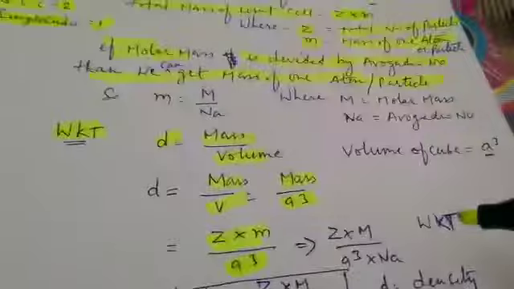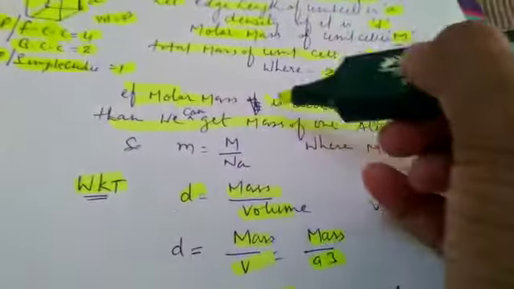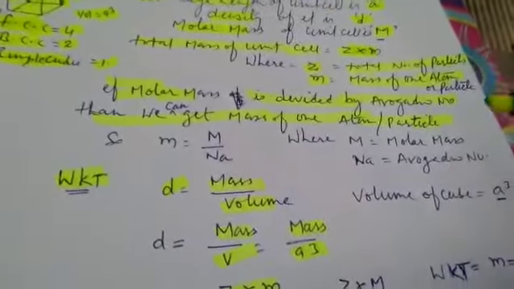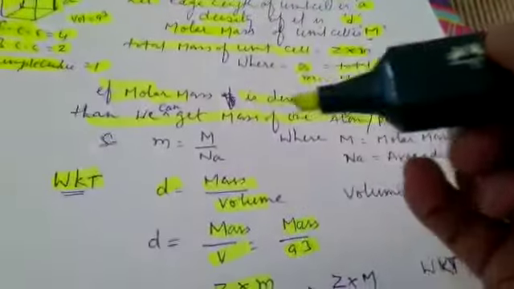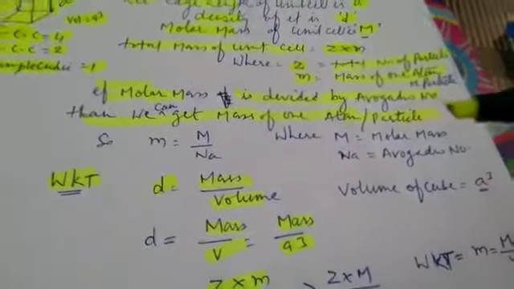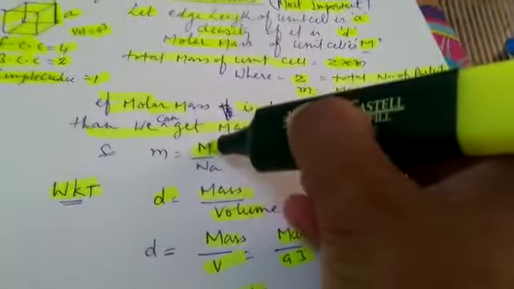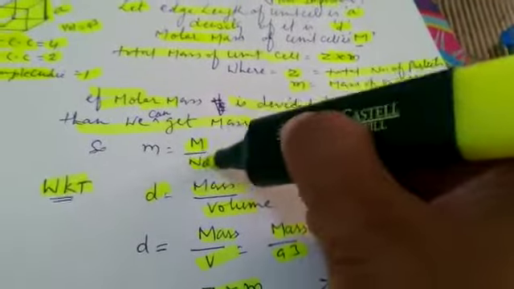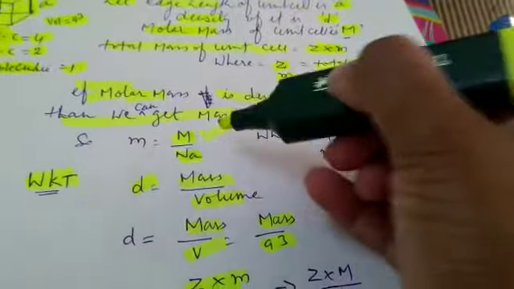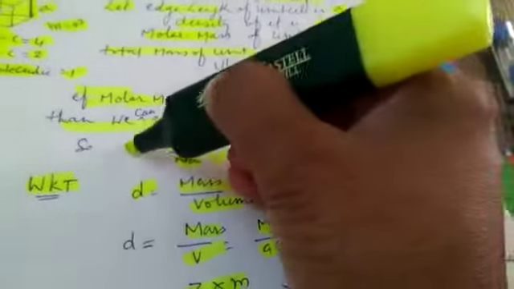Now we have studied that if molar mass is divided by Avogadro number, then we get the mass of 1 atom or 1 particle. So if molar mass is M and Na is Avogadro number, dividing molar mass by Avogadro number gives the mass of one particle.